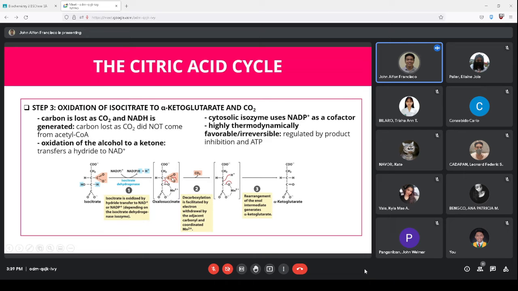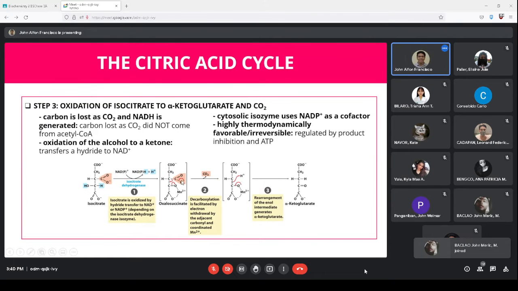So yung mag-move yung electron mo here and this bond, ayan, yung C bond will be broken and mag-transfer yan to form another alkene group and mag-move yung electron to oxygen.